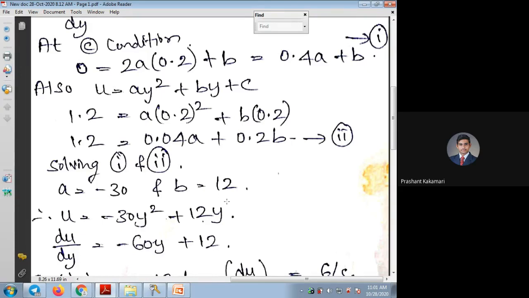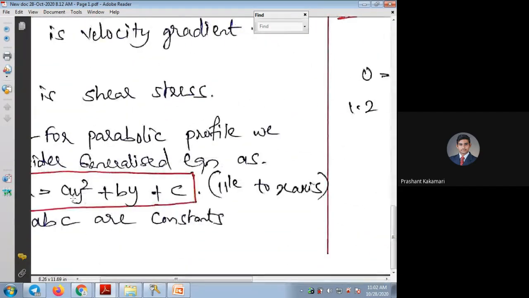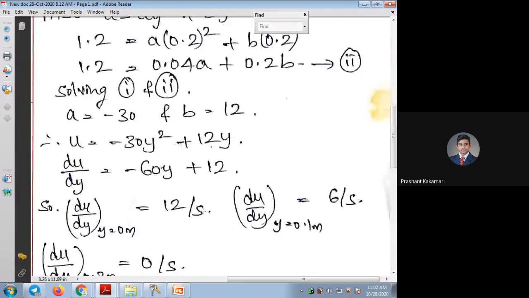Once you substitute that in the equation of the velocity of the parabolic profile, here a is minus 30 into y square, y is also given at the third condition, b is 12, c is 0. So without applying the conditions, now I can write it as minus 30 y square plus 12y equal to u.